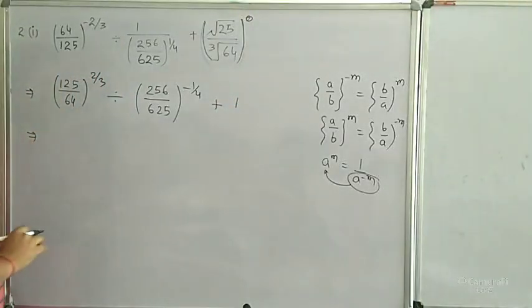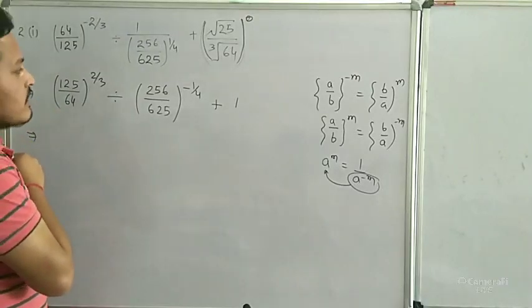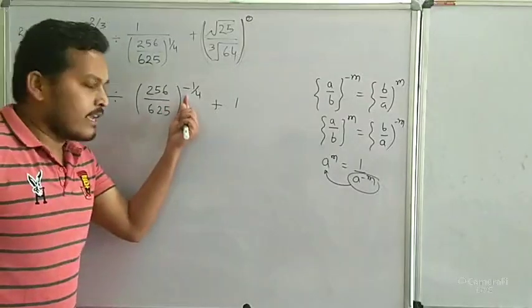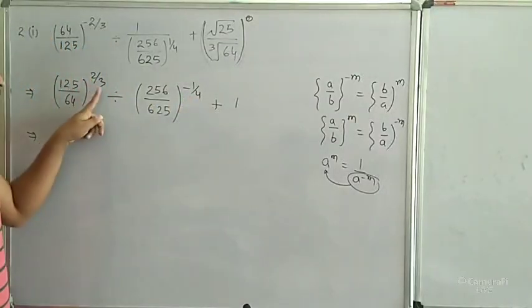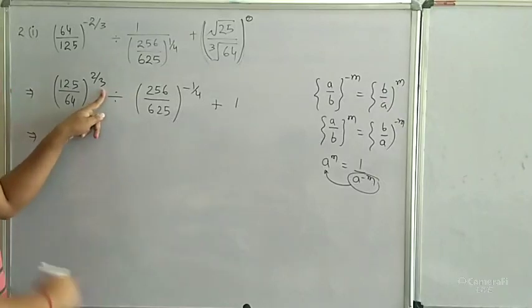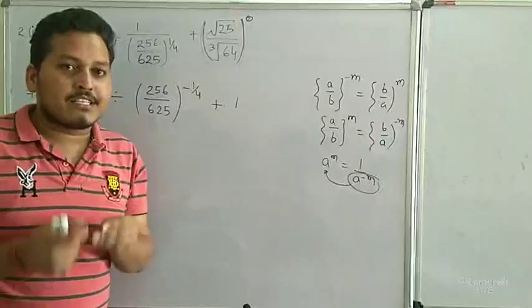Now what can we do here, sir? First, remove the negative sign from the power. Second, cancel the powers in all the exponential forms. 3 is here, 4 is here. How can we cancel this 3 and 4?